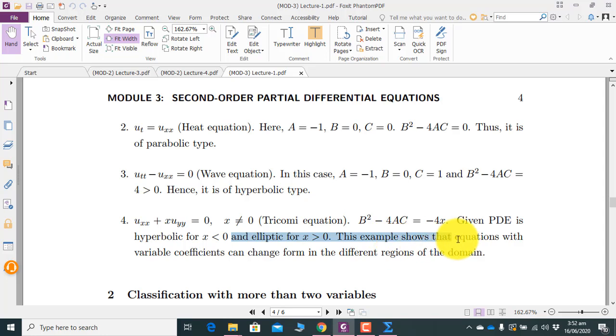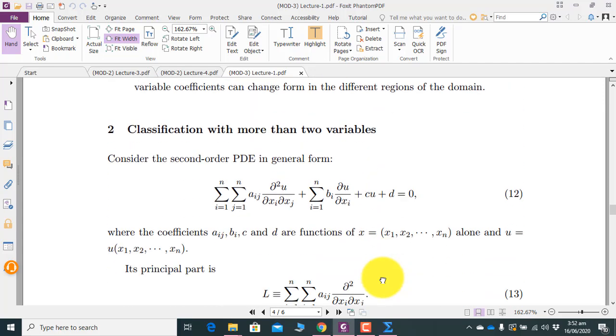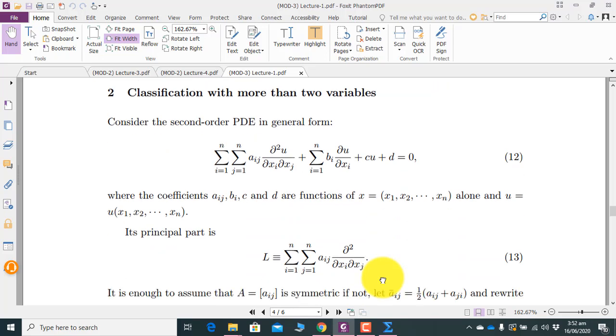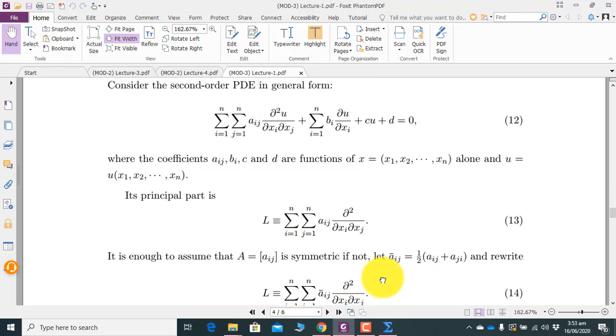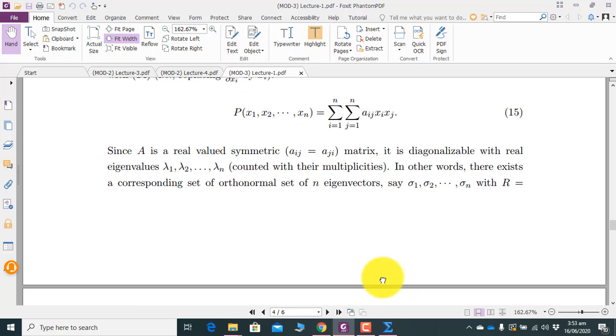So this example shows that equations with variable coefficients can change their behavior in different regions of the domain. This is what I was trying to tell you before. The classification of linear second order partial differential equations with respect to n independent variables is not part of your course.